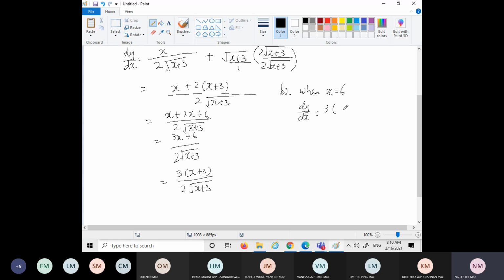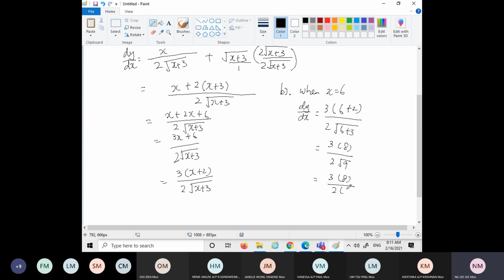So you will get a number: 3 times 6 plus 2, this one 6 plus 3. So this is 3, this is 8, and then this is 2, this is 9.